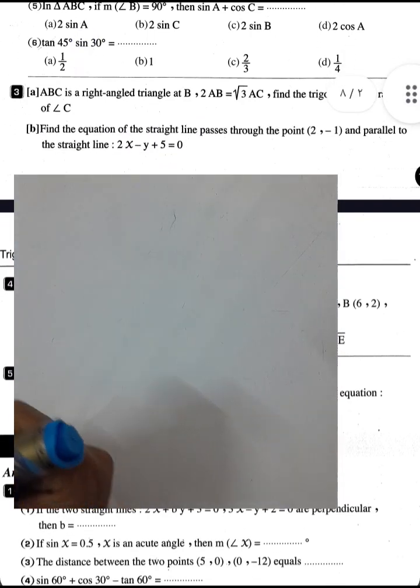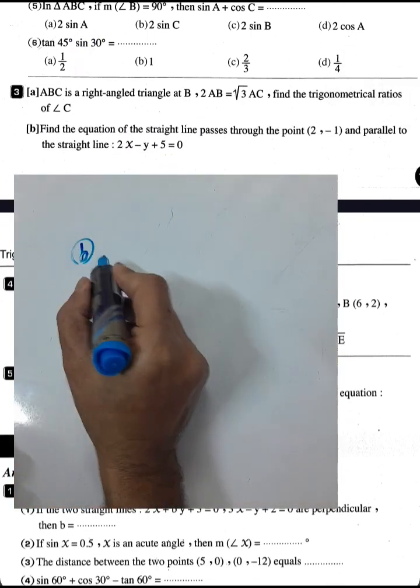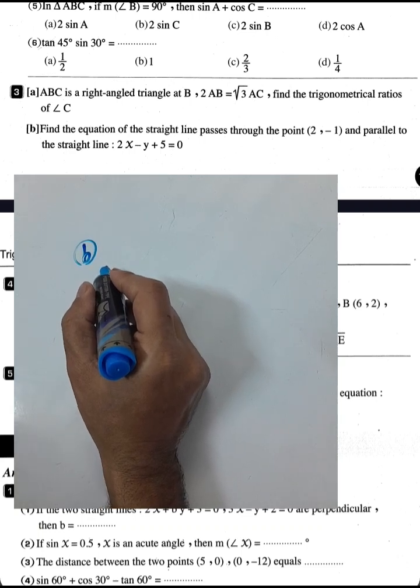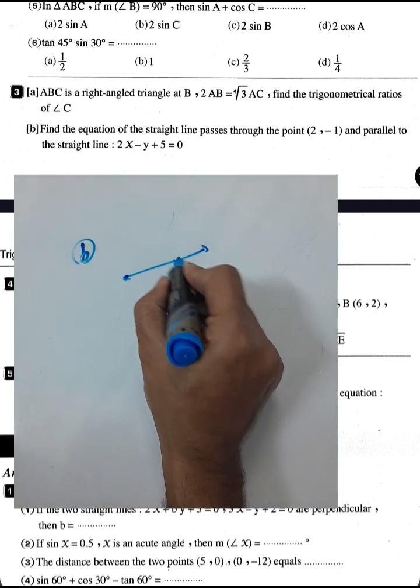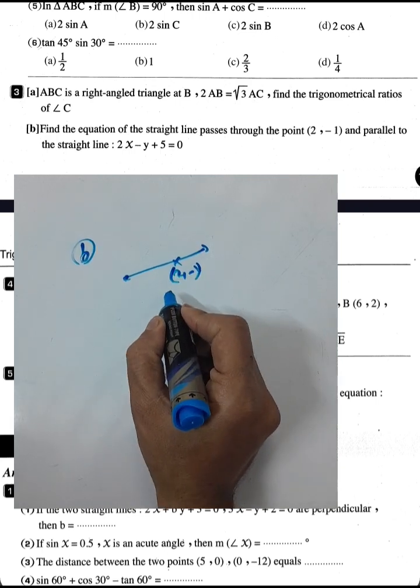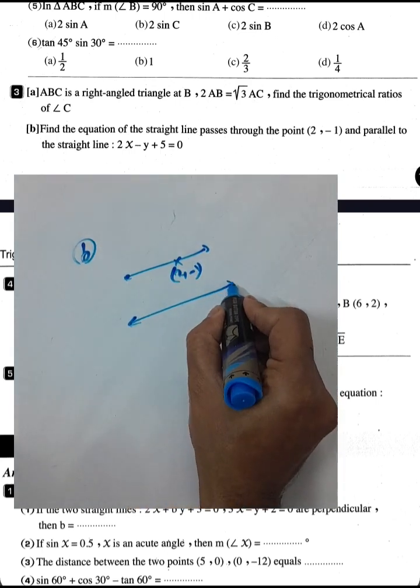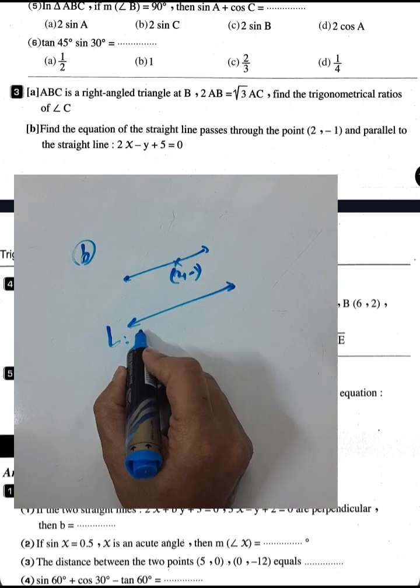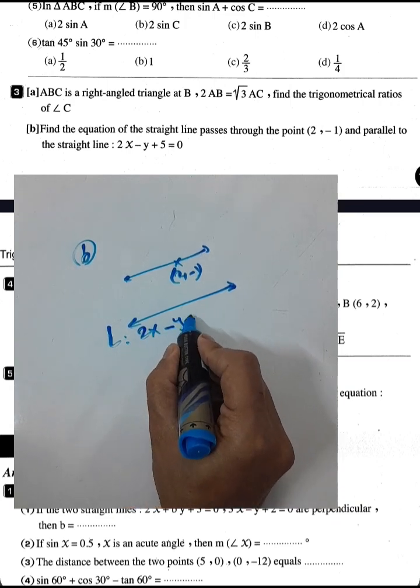Next example, letter B. Find the equation of the straight line that passes through the point (2, -1) and is parallel to the straight line L such that 2x minus y plus 5 equals 0.